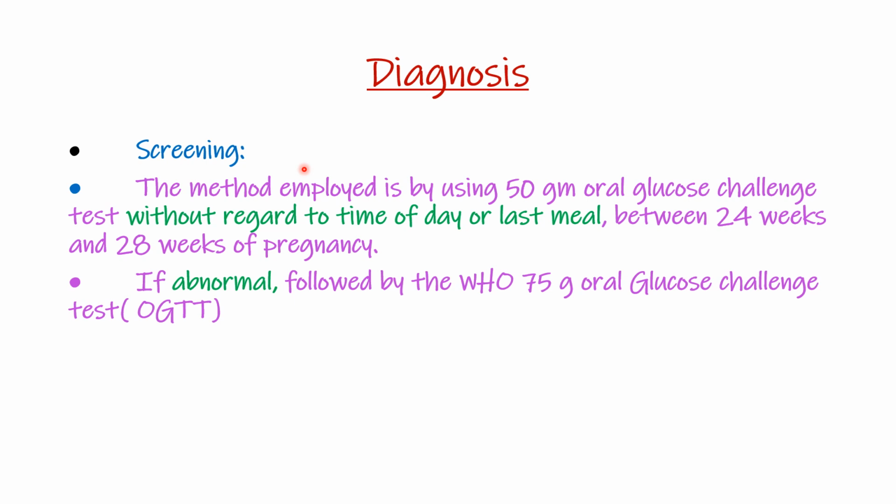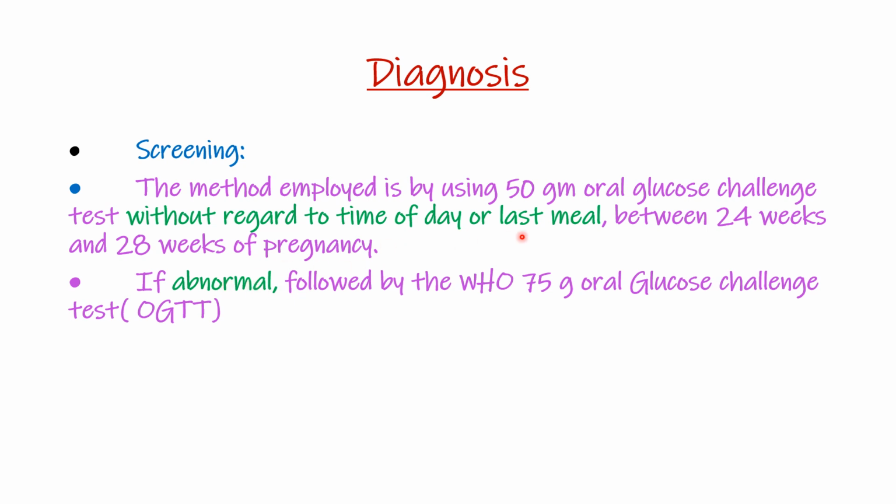The one-step where you just give 75 grams, and you can employ the two-step. The two-step is where you give 50 grams of oral glucose challenge without regard to time. Kindly note in the other one, you had to give the patient after they have fasted 8 hours overnight. So without regard to any time of the day or last meal, between 24 and 28 weeks.